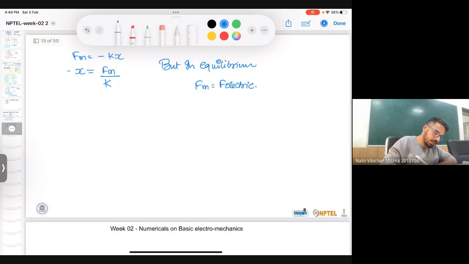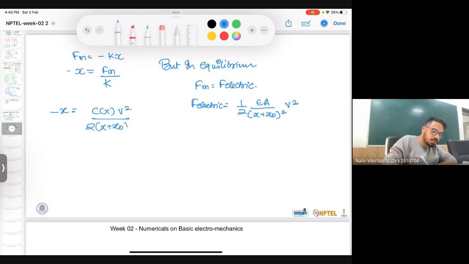F electric is half epsilon A by (x plus x naught) square times V square. So minus kx is equal to epsilon A V square by 2 times (x plus x naught) square.